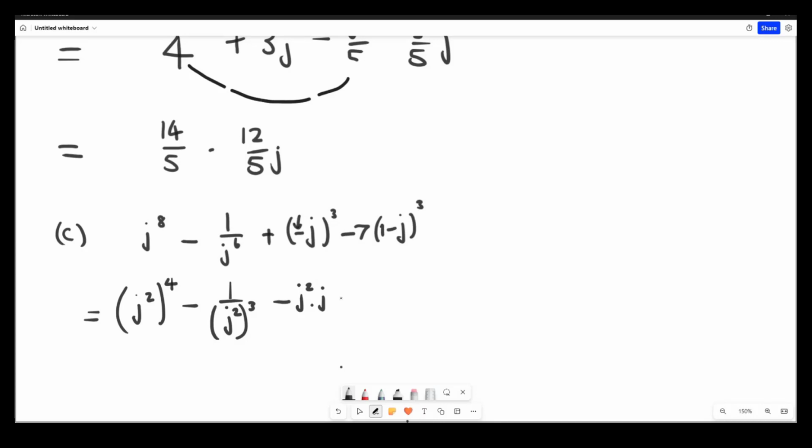Then what you can do with this one here, you can split it up, keep the 7 outside, and write this as 1 minus j squared, and then do those multiplications like we did, because we did this kind of multiplication. And then multiply by 1 minus j again. So there you didn't need to use conjugates.